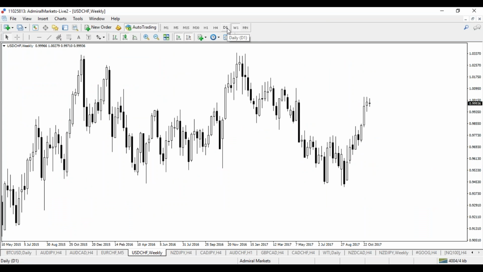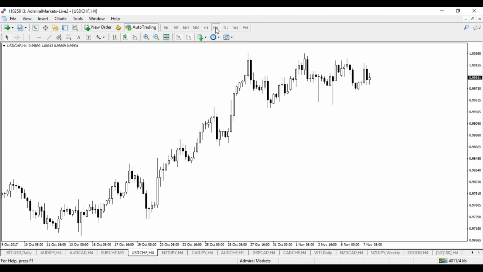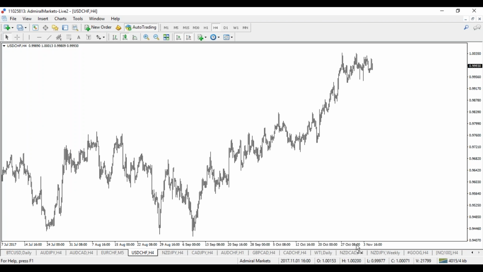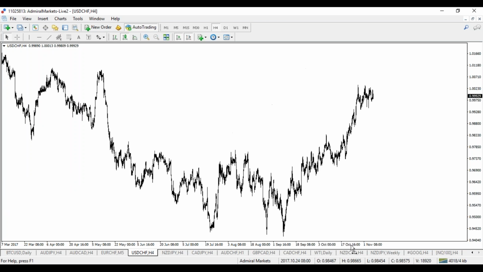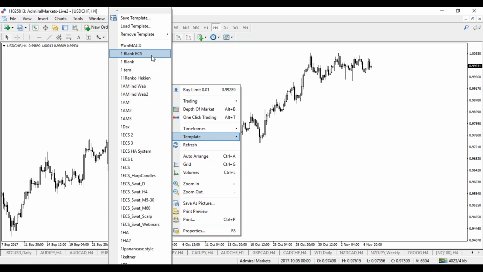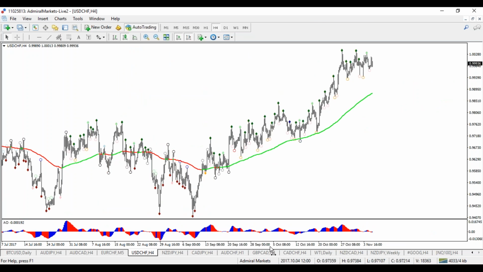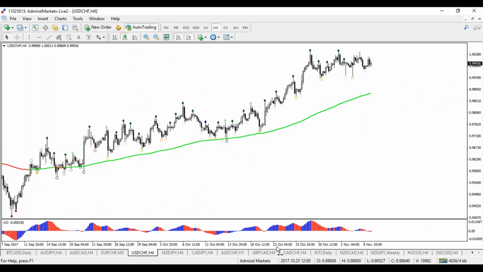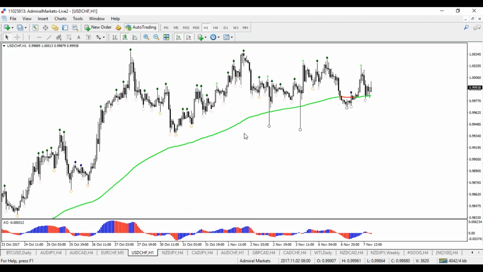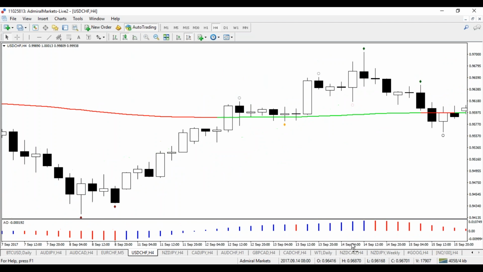Weekly chart also in a good uptrend at this moment. Looks like good momentum to the upside here, followed by a very long range. Still looks bullish to me, just like the dollar index itself.